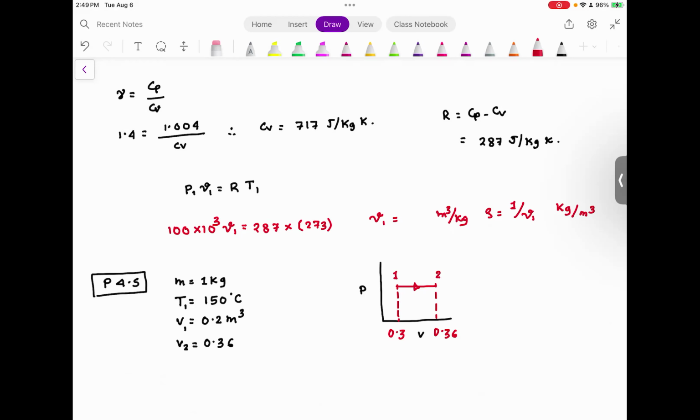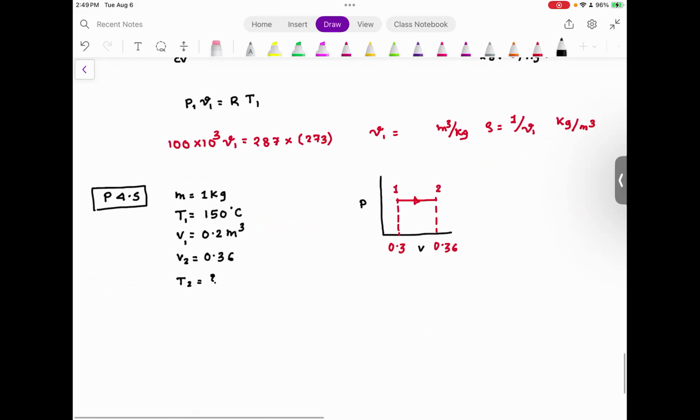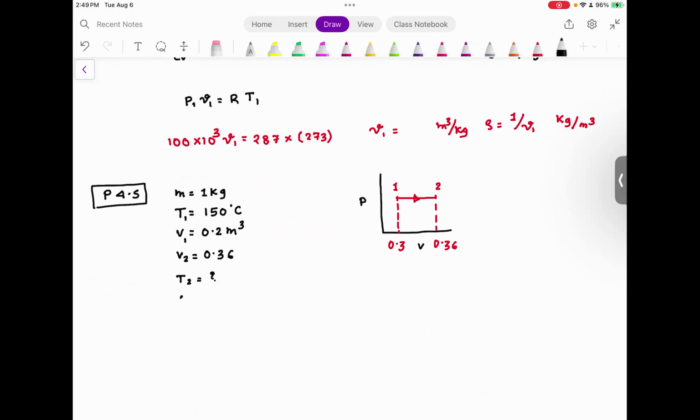So you start with 0.1, you go to 0.2. Calculate the final temperature, so we have to find out T2. Find the work done, which is W. Find the heat transfer Q, and then the change in the entropy.